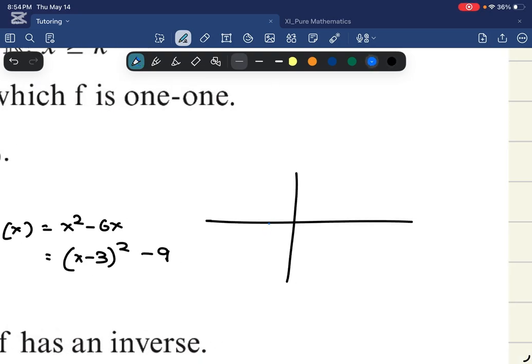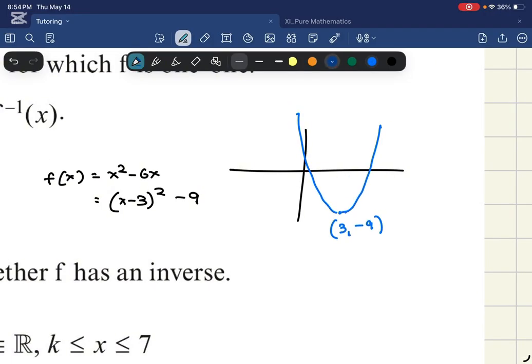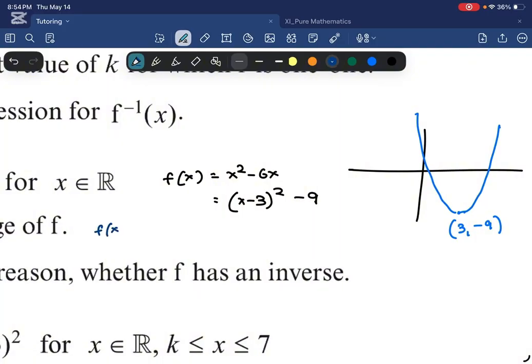So our vertex is going to be 3 units to the right and 9 units down, at (3, −9). So the range of f is that f of x is always bigger than or equal to −9, because it's concave up.